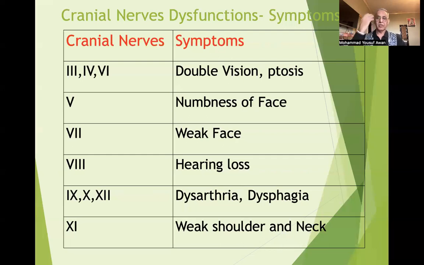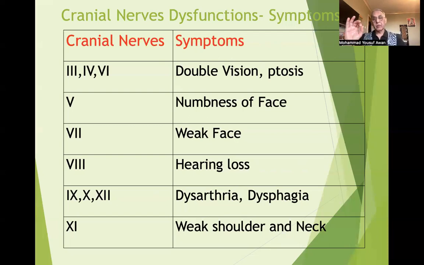Seventh causes weakness of the face, eighth hearing loss, 9th, 10th, and 12th dysarthria and dysphagia, and the 11th nerve weakness of the shoulder and neck, the sternocleidomastoid and trapezius.